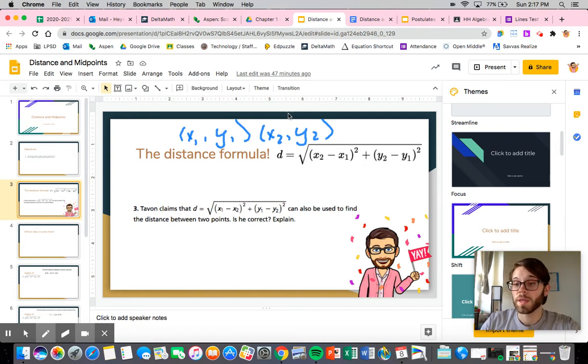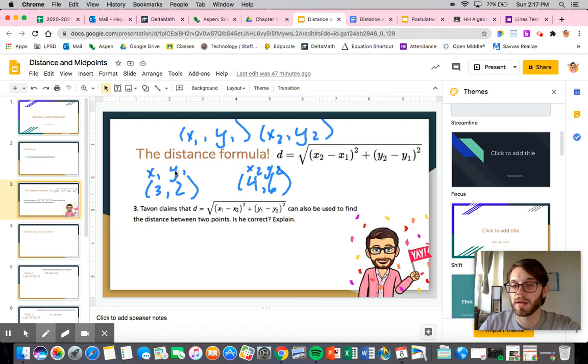It doesn't matter which point I call x1 and y1 and which one I call x2 and y2, as long as I'm consistent. So for example, if I had 3, 2, and 4, 6, it doesn't matter if I call this x1 and y1 and this x2 and y2, or I could call this one x1 and y1 and x2 and y2 over here. The only thing is we do have to be consistent.